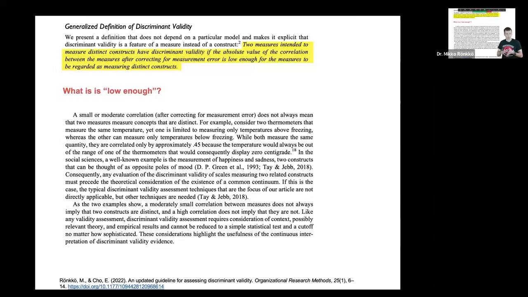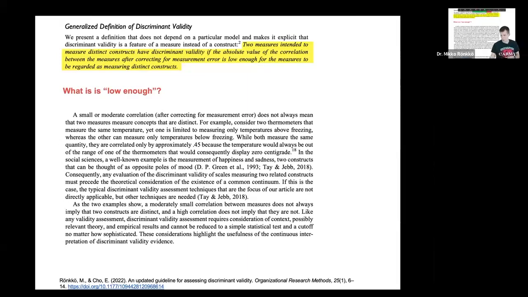You need to take these rules of thumb flexibly. And if you can argue that the low correlation might still be acceptable because, for example, your items are calibrated to measure different parts of the values of the construct, then that should be taken into consideration.